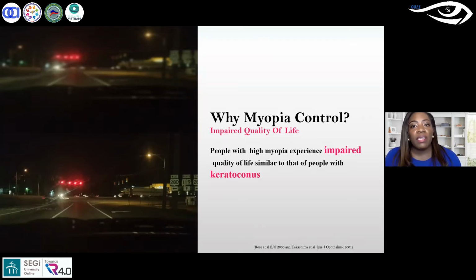But this is not only a concern for people that have high myopia or simply a nuisance for people with low myopia. No, myopia is a disease that can lead to serious complications even for the young.